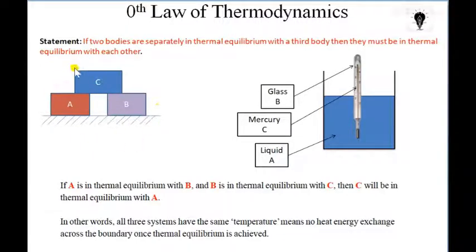So all three bodies are in thermal equilibrium, and we know heat energy flows due to a temperature difference. Whenever a temperature difference is there, only then does heat energy transfer come into the picture.